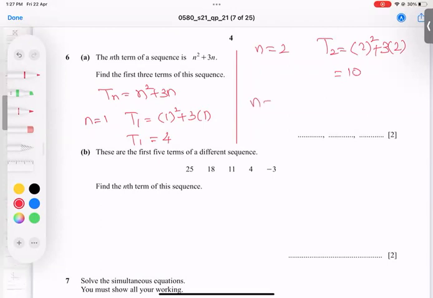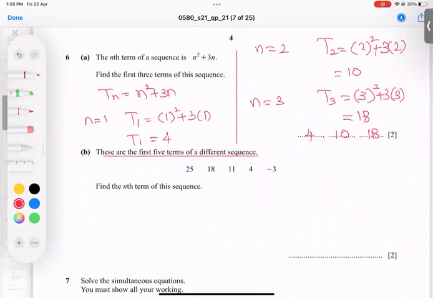And if I plug in 3 everywhere, every n, I get 9 plus 9, which gives you 18. So we have 3 terms: 4, 10, and 18. That's it.